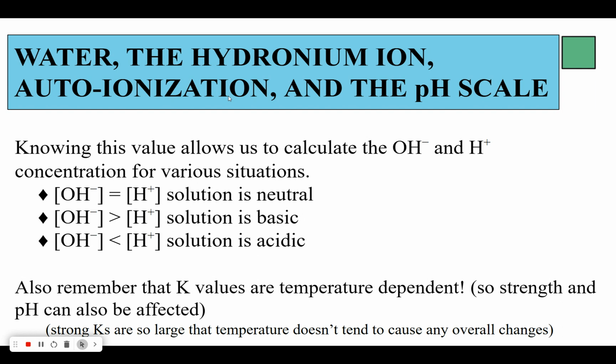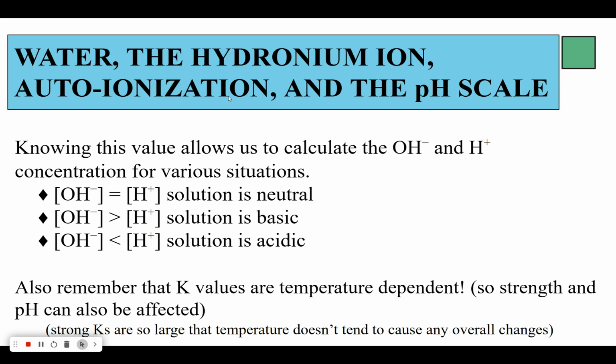And keep in mind, we've already learned about equilibrium and the fact that our K values are going to change, and we're actually going to see that in a little bit more detail. Get reminded of that in the lower half of this page when we do some calculations. But K values are temperature dependent, which means that an acid's and base's strength and their pH of a specific solution that's already been made can be affected by temperature, because that's going to affect the ionization of it.